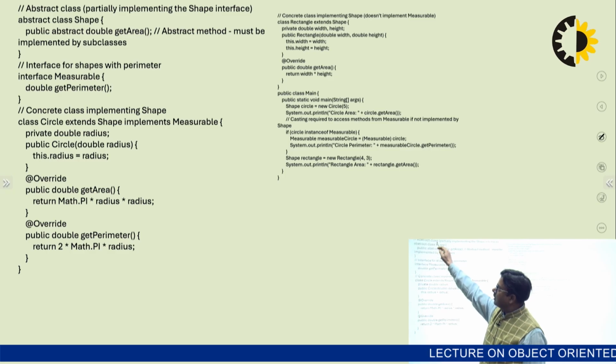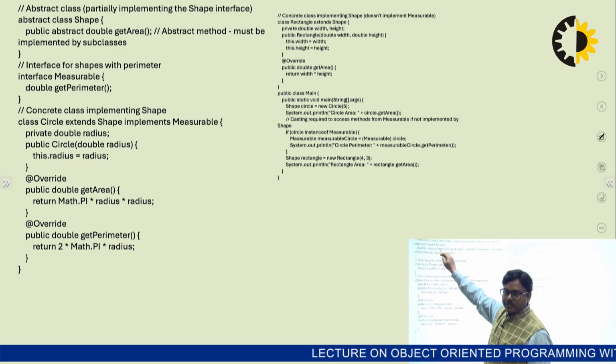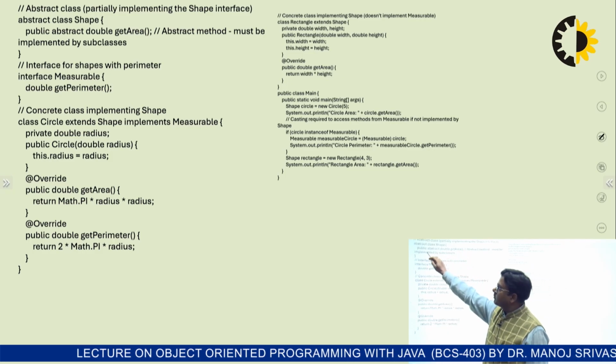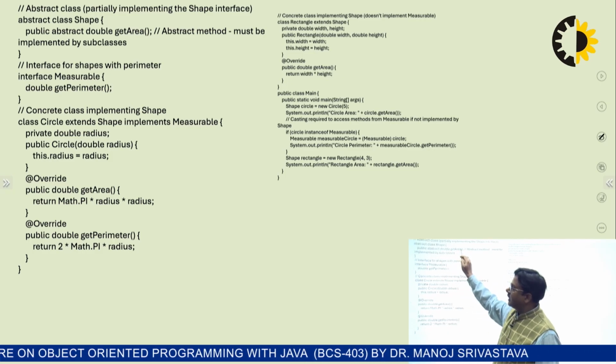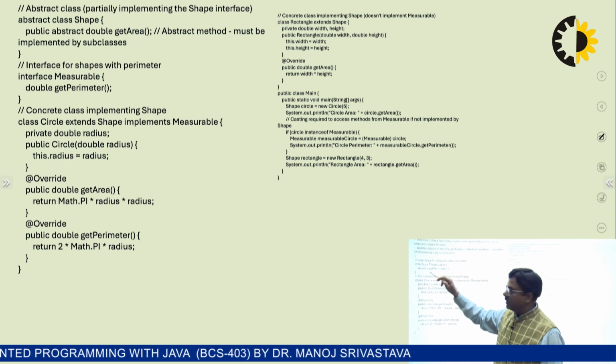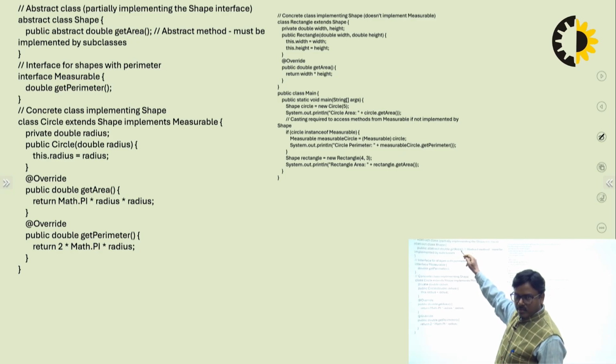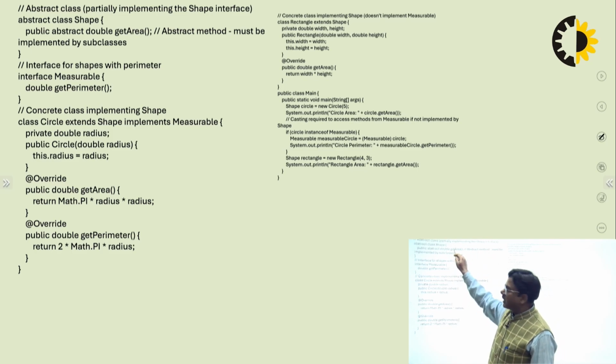Now in this Shape abstract class, an abstract method has been declared here, that is public abstract double getArea. getArea is an abstract method which will get the area, and it has no parameter. An abstract method must be implemented by a subclass, and this abstract class method will be implemented in the subclass.